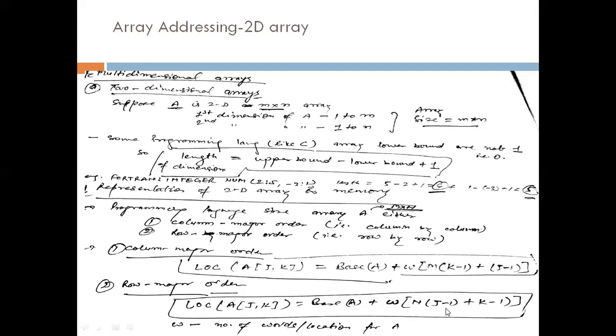So j minus 1 multiplied by n, because in each row of the m cross n matrix there are n elements, plus in the kth column there are previously k minus 1 elements. So this is the formula.